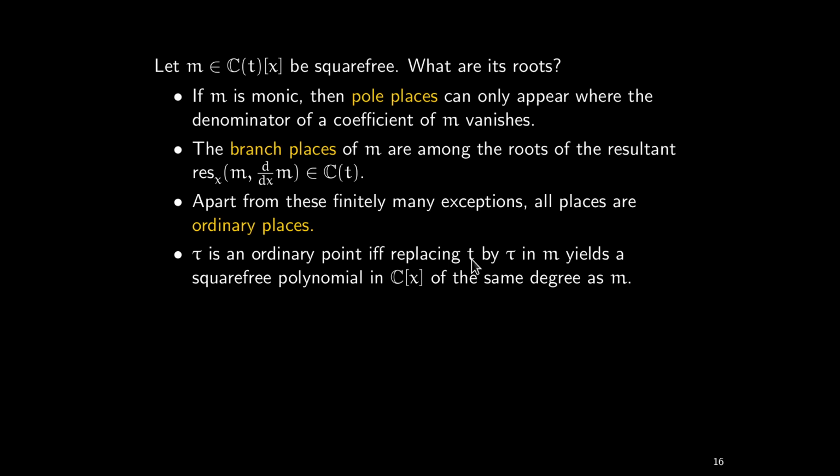if and only if replacing t by this tau in m gives a square-free polynomial in the remaining variable x that has the same degree.